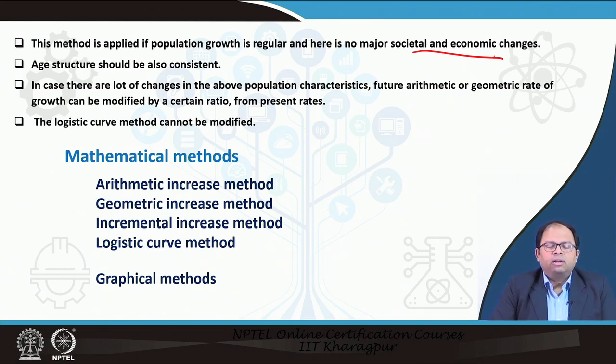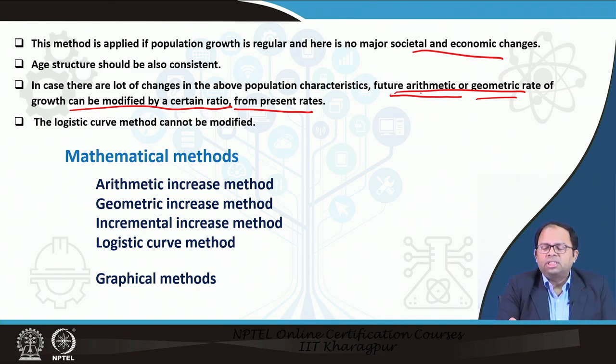In case there are a lot of changes in the above population characteristics, future arithmetic or geometric rate of growth can be modified by a certain ratio from present rates. That means if we feel that there is a lot of change in the population characteristics in the coming years, we can, instead of using direct rates, use future arithmetic or geometric rates, which will be explained in the coming slides.